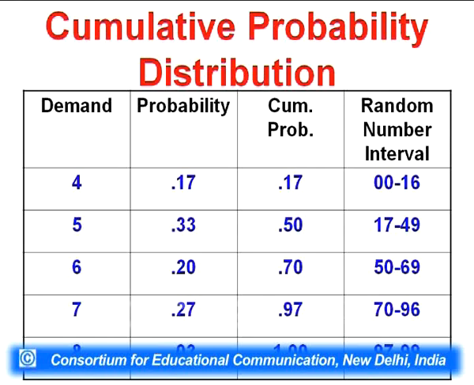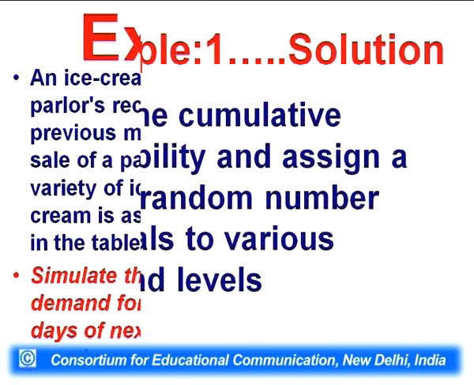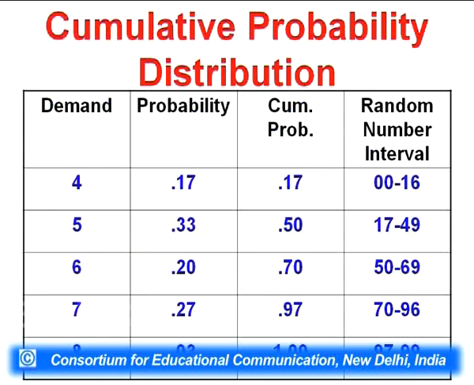Let's go back to the previous table. For 4, the probability is the number of days, 5 days, out of the total of 30 days. 5 by 30, and we will write the probability 0.17. Similarly for 5 it is 0.33, for 6 it is 0.2, for 7 it is 0.27, and for 8 it is 0.03. Clearly understood?